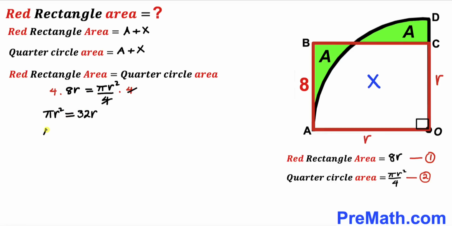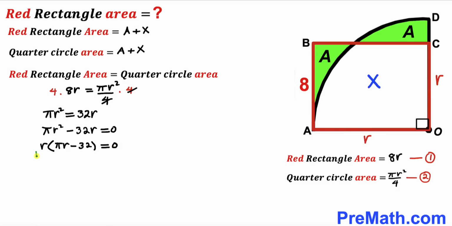So we can write pi times r squared minus 32 times r equals 0. Here we can see lowercase r is common, so I can factor out lowercase r. We get r times the quantity pi r minus 32 equals 0.